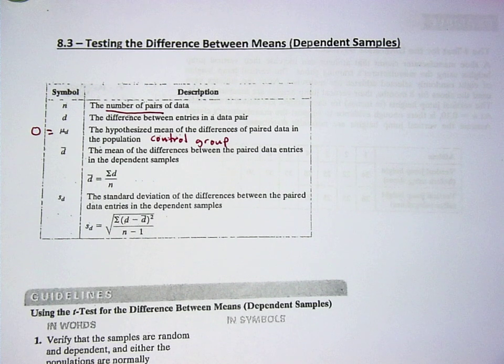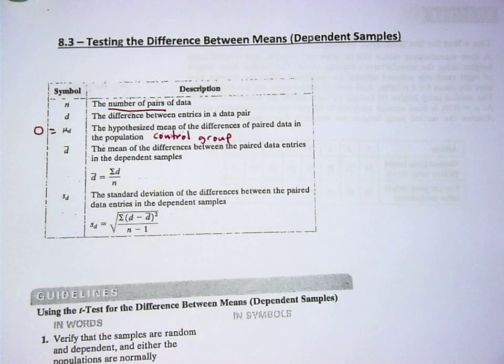And this S sub D is the standard deviation of the differences. All of the steps are here, but I am going to go straight to the example that we're going to do together.